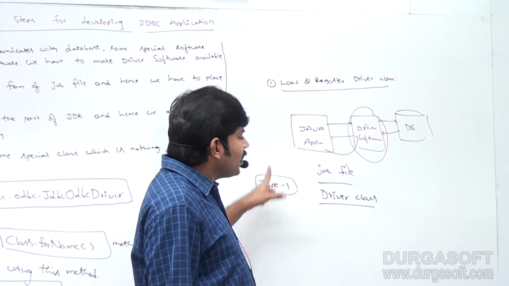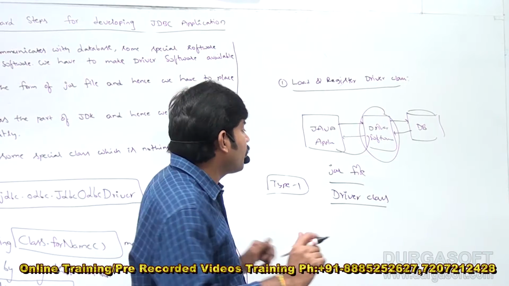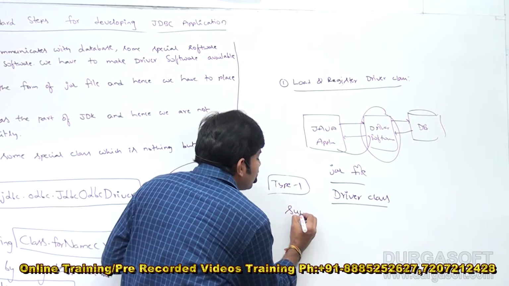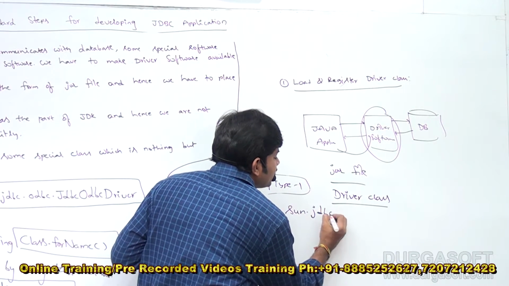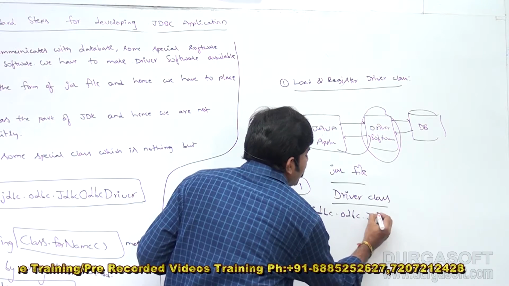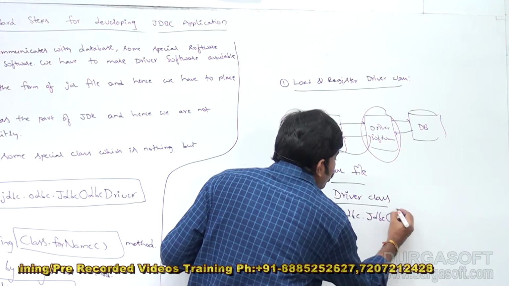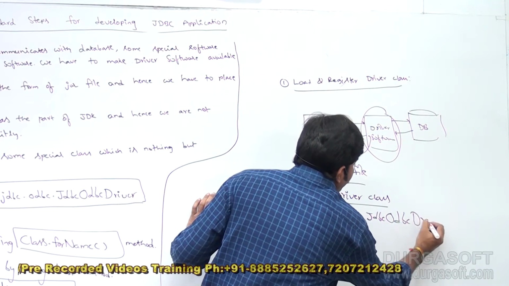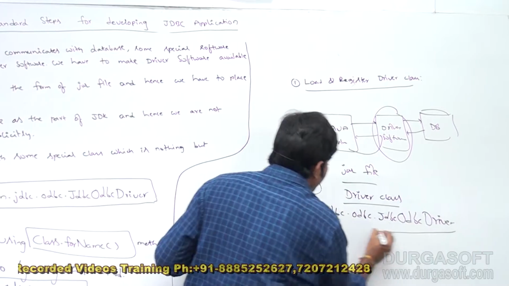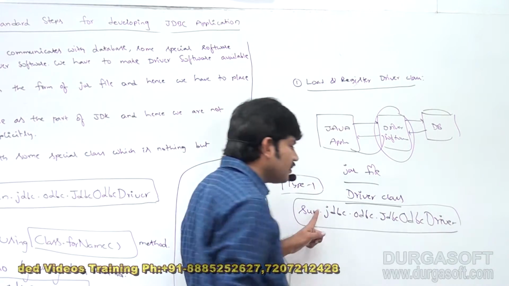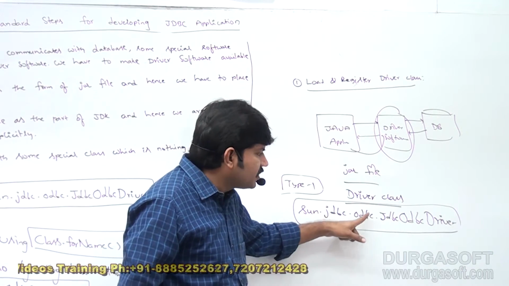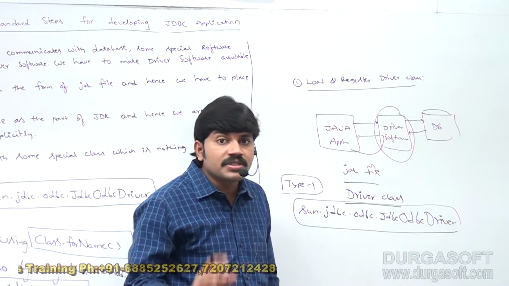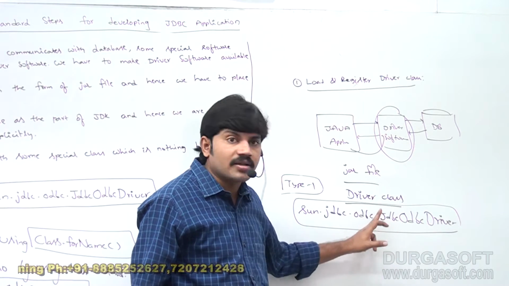For type 1 driver, what is the corresponding driver class? It is sun.jdbc.odbc.JdbcOdbcDriver. This is the corresponding class name.